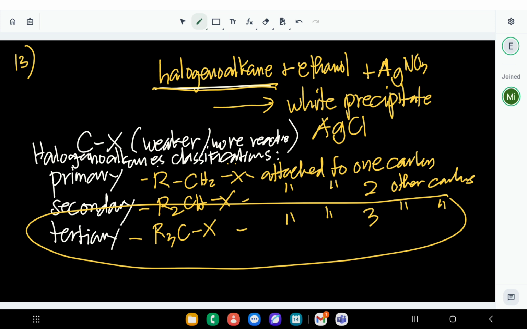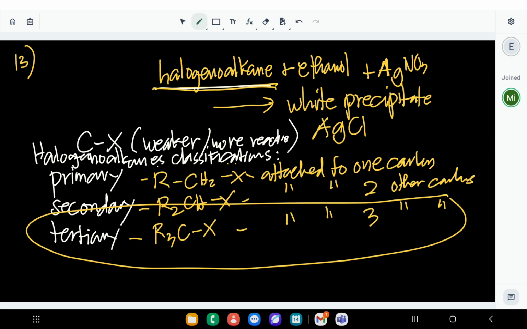In letter C, 1-chloro-2-methylpropane. So this should be primary. And then we have option D, 2-chloro-2-methylpropane. So you have the chlorine on carbon 2 and the methyl on carbon 2.